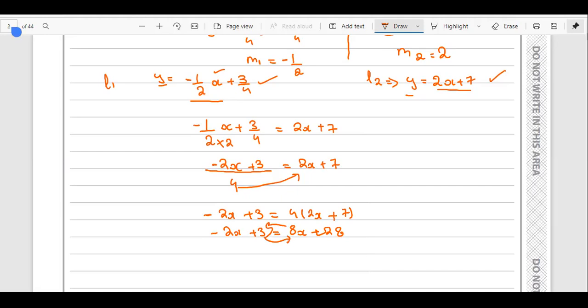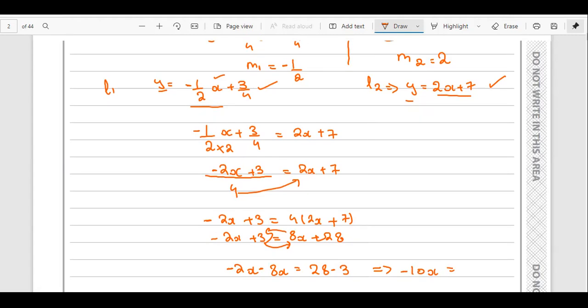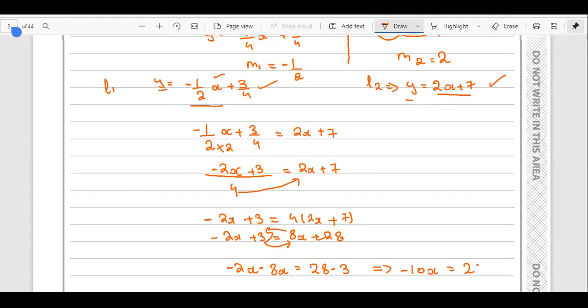So this is going to give me minus 2x minus 8x equals 28 minus 3. So this implies minus 10x equals 25. So x would be minus 2.5, right?